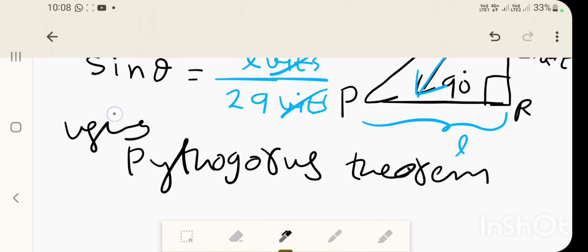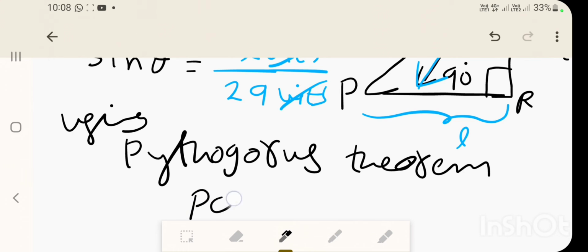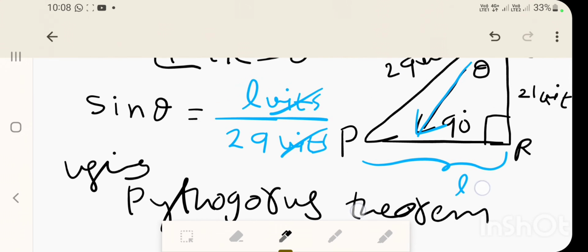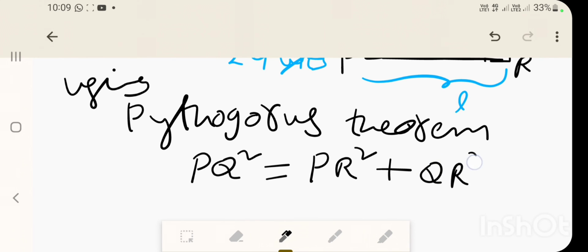It states that the square of the length of the hypotenuse is equal to the square of the length of the adjacent side plus the square of the length of the opposite side. Here PQ is the length of the hypotenuse, PR is the length of the opposite side to the angle theta, and QR is the length of the adjacent side to the angle theta.